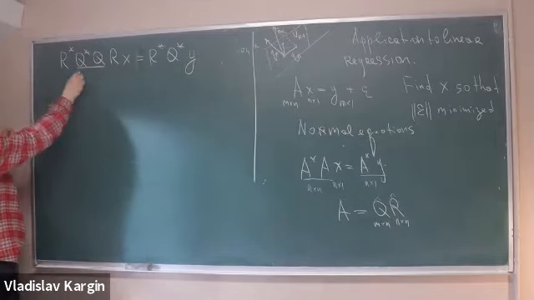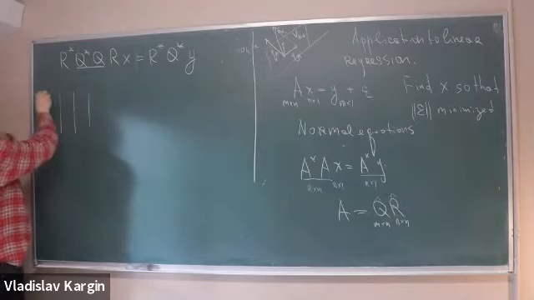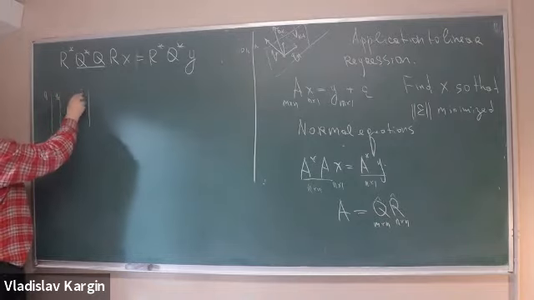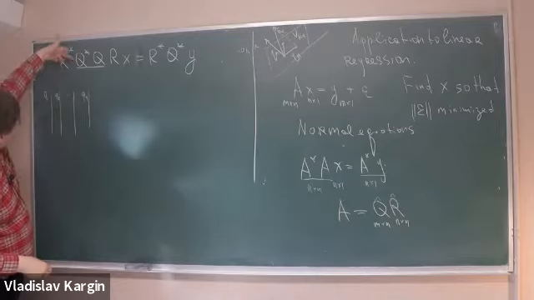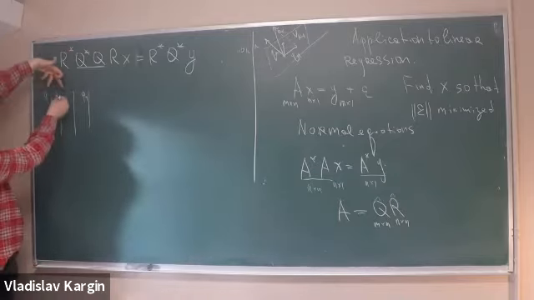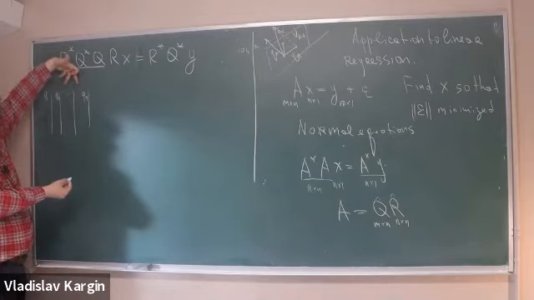But here, remember that Q is a matrix with columns Q1, Q2, and so on, Qn, which are orthogonal. So if you calculate this, you take Q1 and multiply by the other vectors, and the result will be equal to 1 or 0.